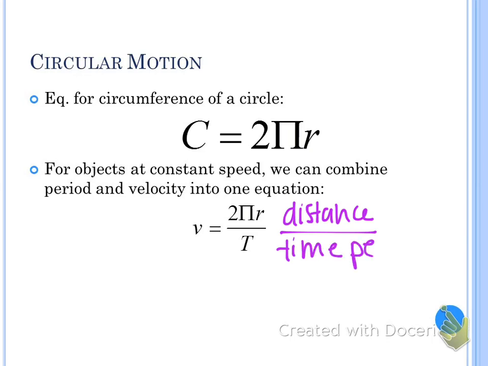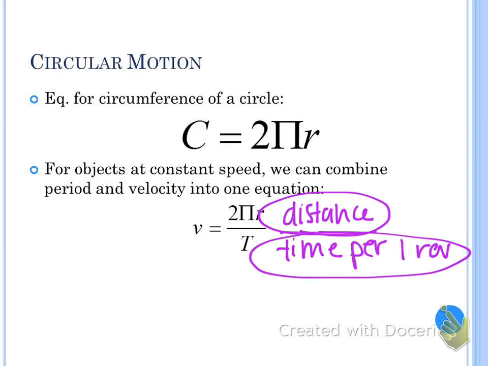And it's traveling at a constant speed around the whole circle, so we know it's not changing at any point during that distance. How do we feel about that?